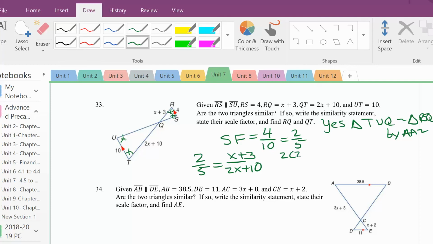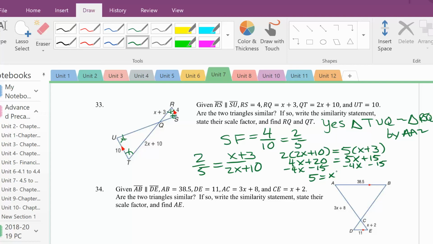So 2 times 2x plus 10 is equal to 5 times x plus 3. So you distribute, subtract, so you get 5 equals x.